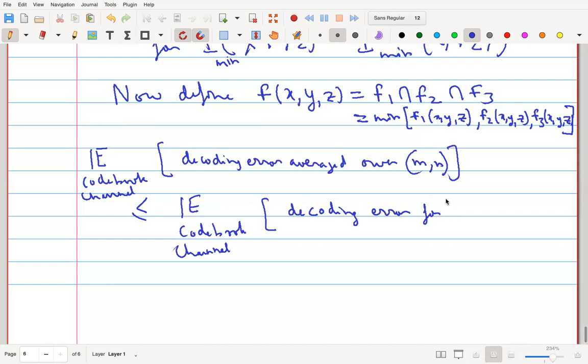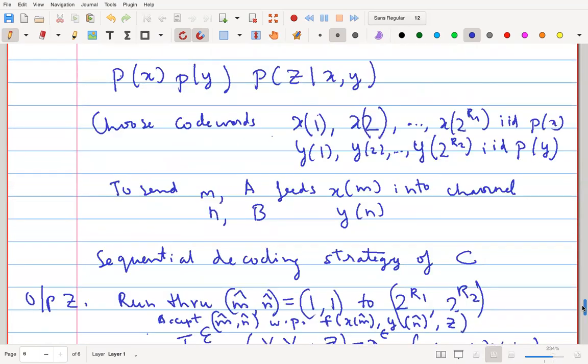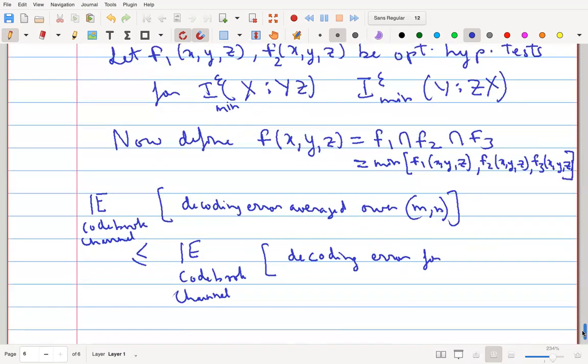That is what the statement means: accepting m hat comma n hat with this probability means Charlie will toss a coin whose probability of heads is exactly this quantity. And this is something that he knows. Charlie knows the full description of f. This Z is the channel output that he can see, and we are at the level m hat comma n hat, so he knows exactly what x m hat and y n hat are. The code book is revealed. Yes. So the decoding error for R1.